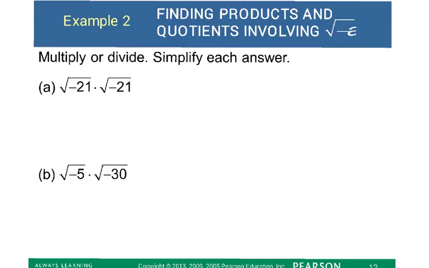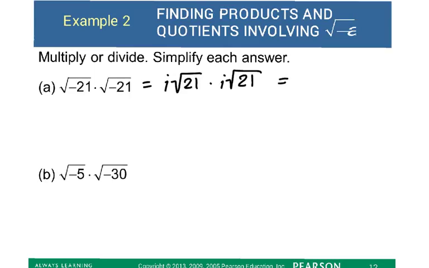So here we have, again, negatives in both of our radicals. Take those out first. So we end up with i times the square root of 21 times i times the square root of 21.